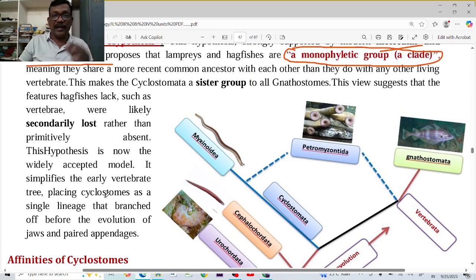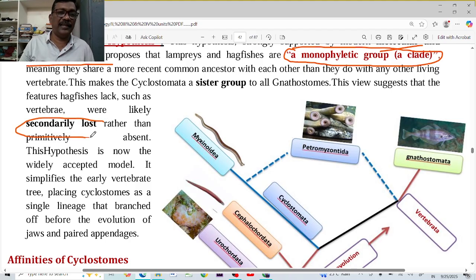But the hagfishes, the myxine, had a vertebral column in their body at their beginning, either at the stage of larval development or at some stage in the life cycle. But later, they lost all the vertebral column-like structures, bony structures. That is called secondary loss.